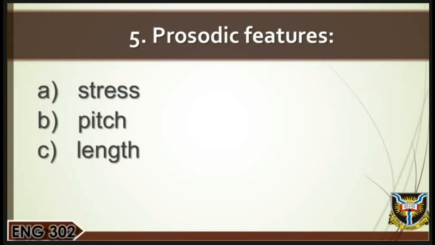Obstruents are produced with a manner of articulation in which there is either a partial or total obstruction to the air stream, while sonorants have a musical quality derived from the air stream passing freely without obstruction.